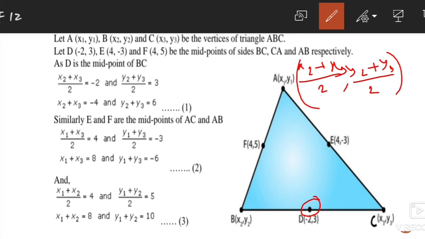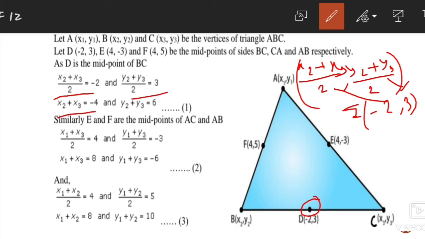It is given as (-2, 3). If you compare the x coordinate, you will get x2 plus x3 by 2 is equal to -2. Similarly, y2 plus y3 by 2 is equal to 3.